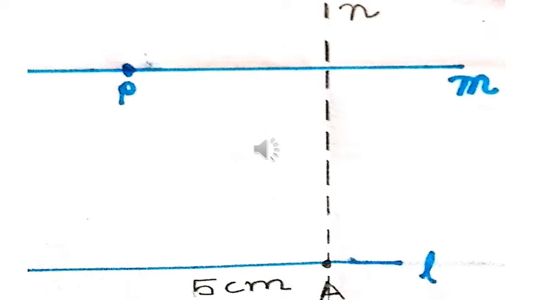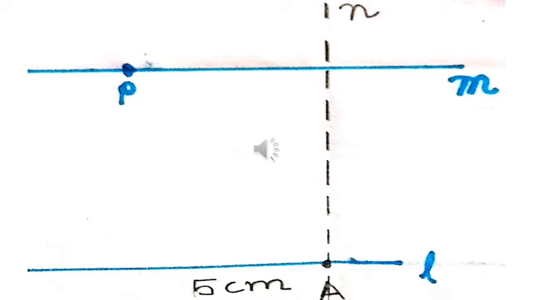After unfolding it, draw a line M which includes point P, and you can observe that lines M and L are parallel to each other.